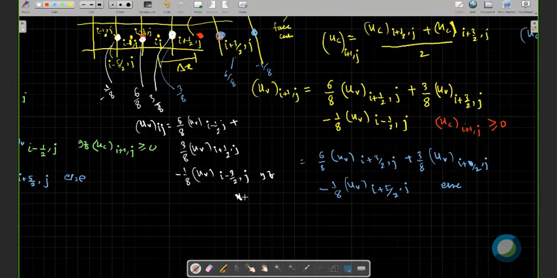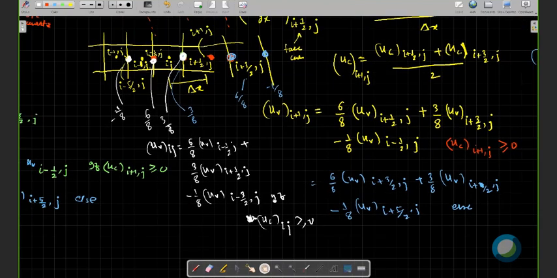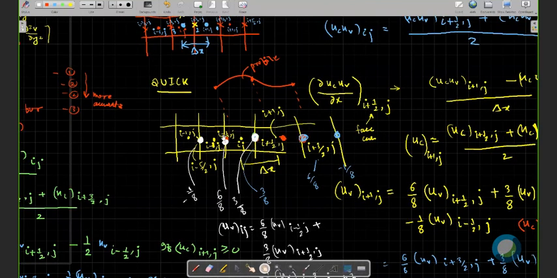If ij is greater than or equal to 0, as above. Else you have to decide on different points. In the else case, you will have this point and two other points.